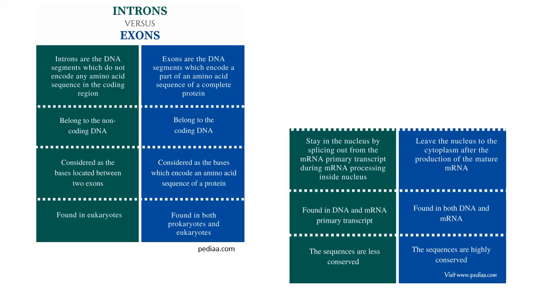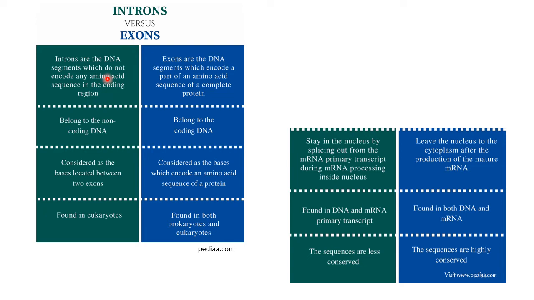Now what is the difference between both these? Just remember that introns are interrupting sequences, they don't have any function, so they are removed. And exons are useful as they belong to coding DNA, or the sequence that codes for proteins. So that's the difference.